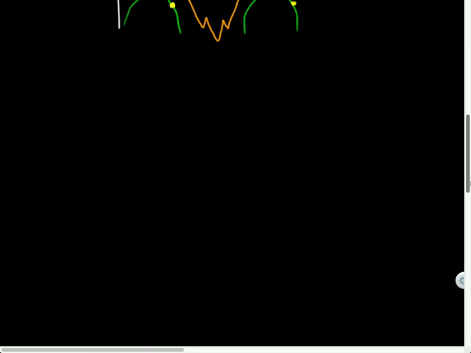So let's actually graph. Let me grab a snapshot of this. Now, we talked about how sine inverse had limited inputs. Do you guys remember what those inputs were?